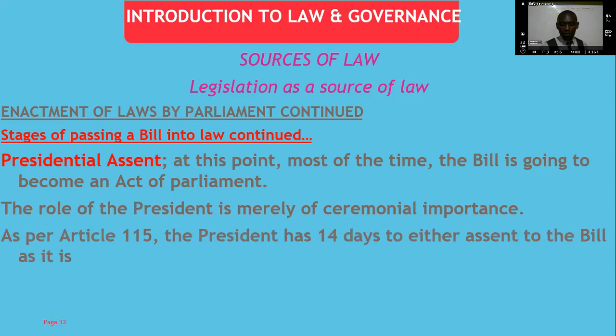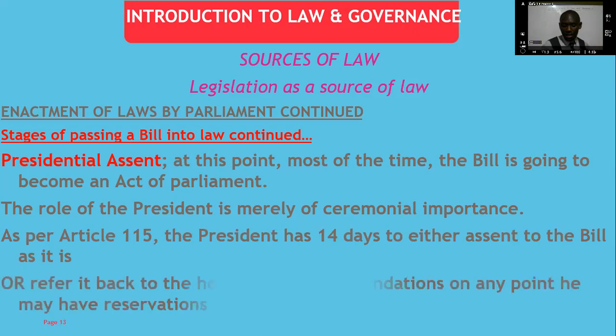As per Article 115 of the Constitution, the President has 14 days to either sign the bill into law. This process of signing is what is called presidential assent. He has 14 days to either assent to the bill as it is, or he doesn't have to sign it as it is.